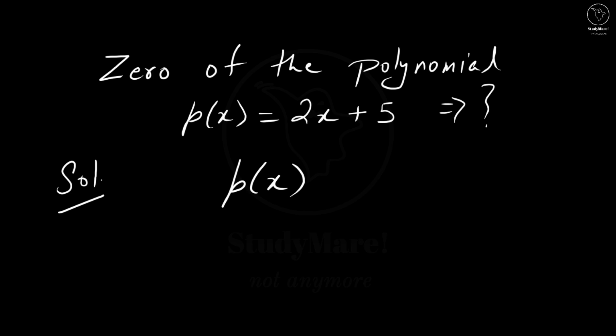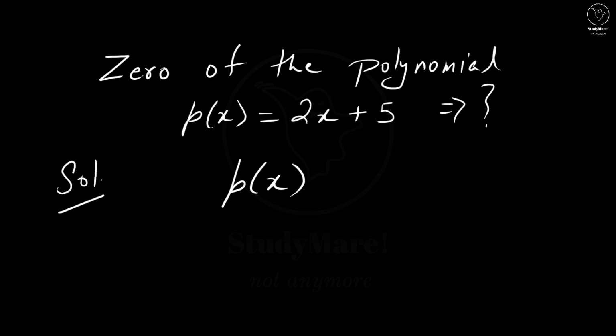It's simple. The 0 of the polynomial is the value of x for which the value of the polynomial is equal to 0. So let us say that there is a constant a as the 0 of this polynomial.